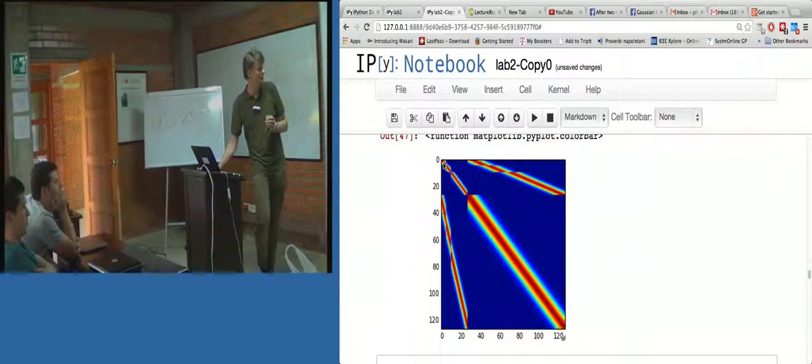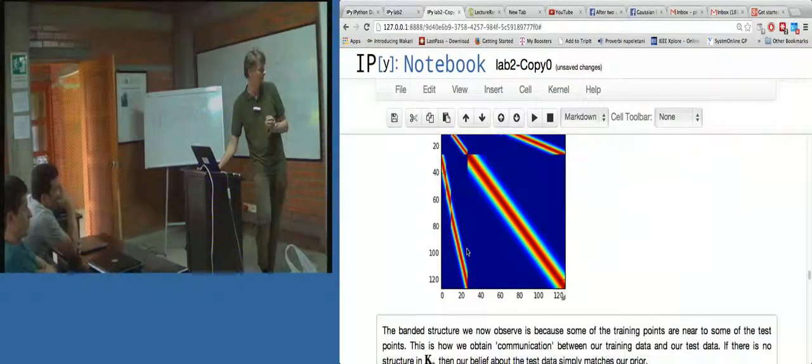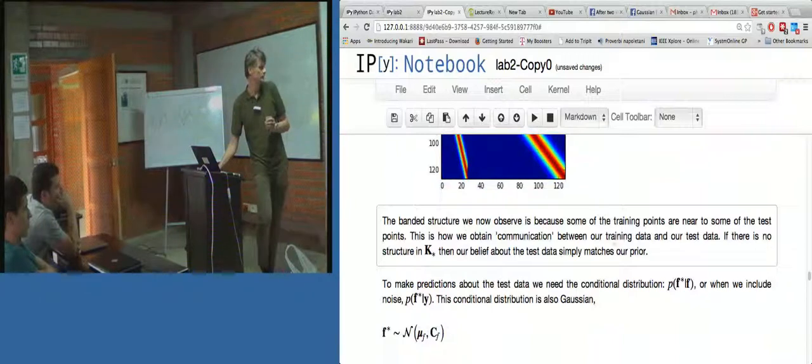And then what we also see is the cross correlations between where we're trying to predict and the training data. So those are the 4 blocks we have in our training and test data. So the banded structure we observe is because some of the training points are close to the test points. Yeah? So that's why we get this cross correlation between training and test points.